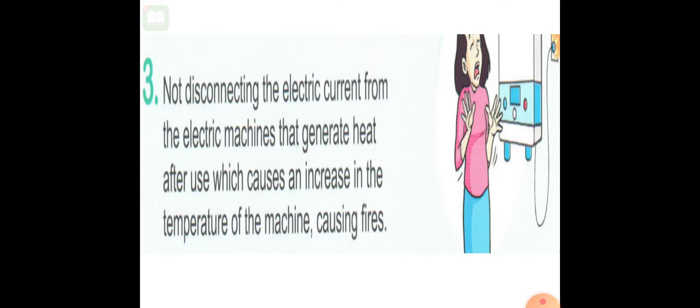Number 3, not disconnecting the electric current from the electric machines that generate heat after use. This also causes an increase in the temperature of the machine and causes fires. So when you finish using any electric machine, you must disconnect the electric current from it.